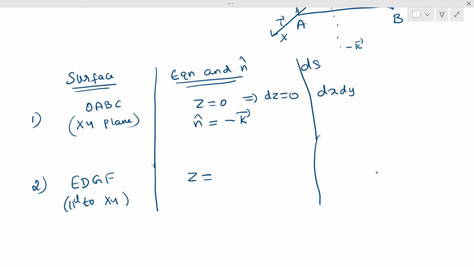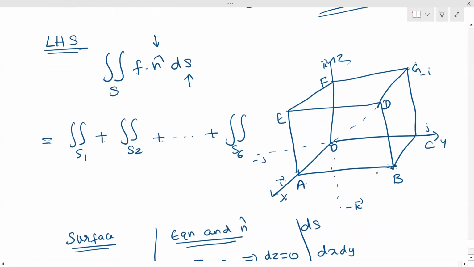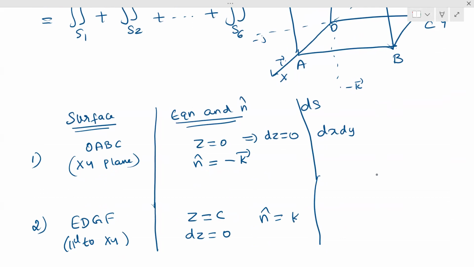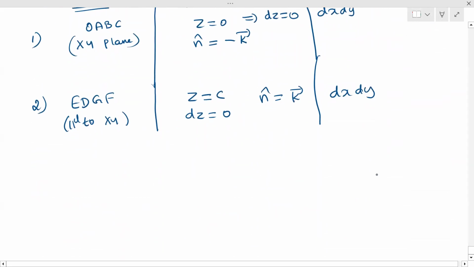Here they have given z varies from 0 to c, so we write z equal to c. And dz is 0 because differentiation of c is 0. And n cap, for this plane EDGF, the unit outward normal vector is the k vector. So n cap is k vector and ds is the same, dx dy. This is for the xy plane and the plane parallel to xy.